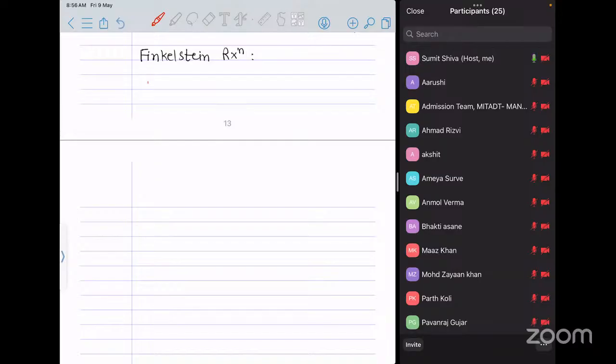In this reaction, we have RX, where X may be Cl or Br, and it will be treated with NaI, sodium iodide, or potassium iodide, KI, in the presence of acetone, and it will give RI plus NaX.